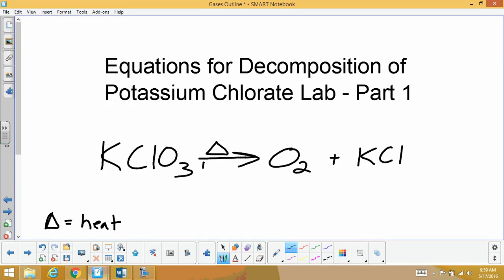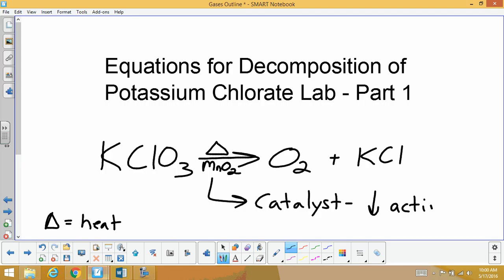So this is getting written as an MnO2. So this represents the catalyst, and this lowers the activation energy for it to decompose. So that's what we have first.